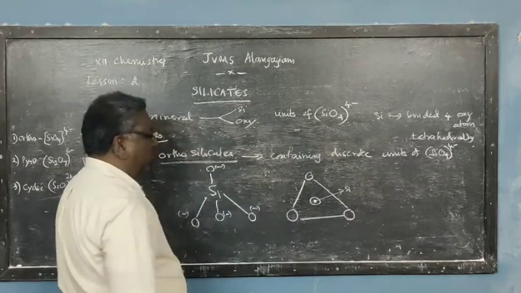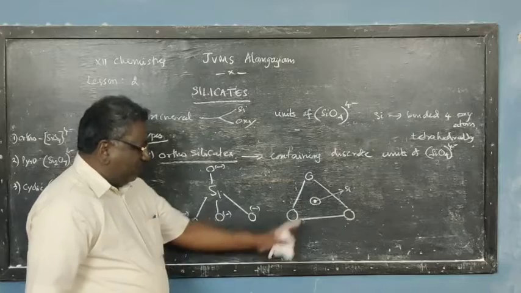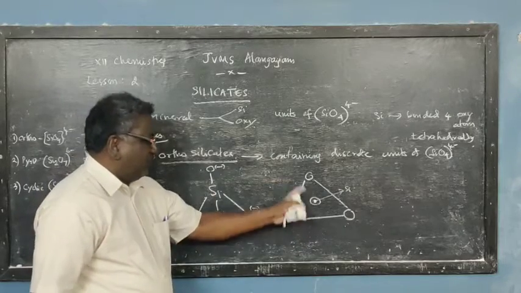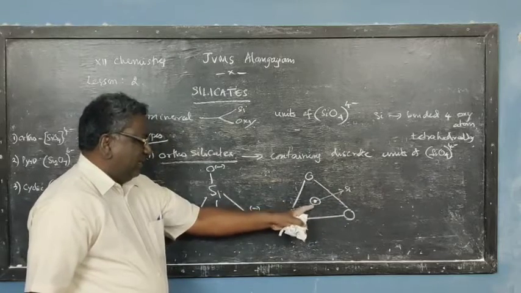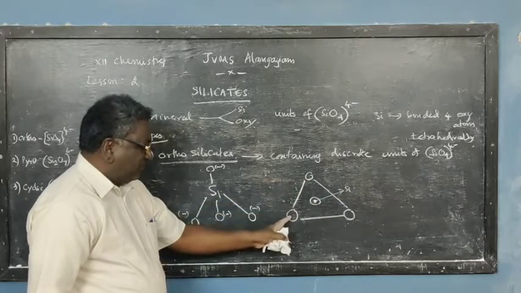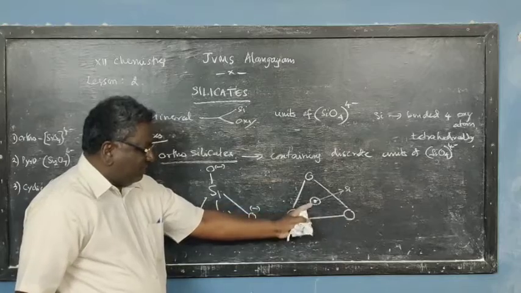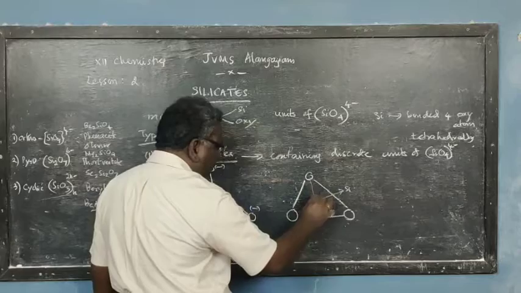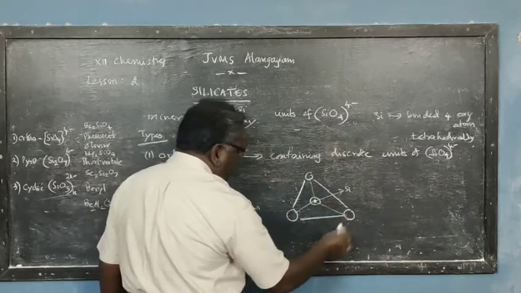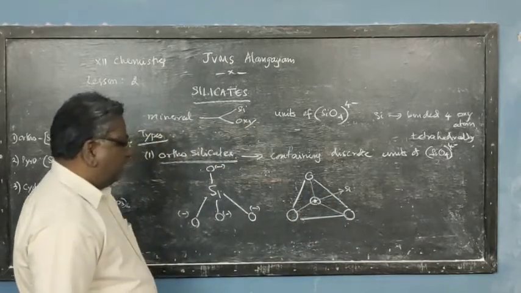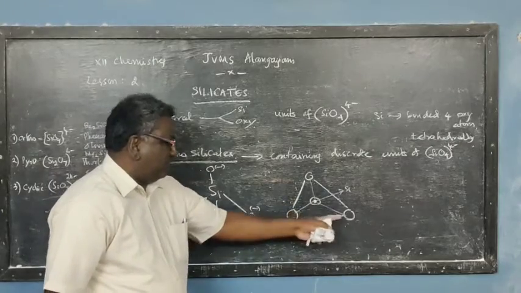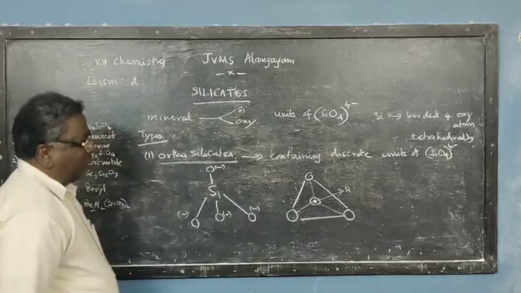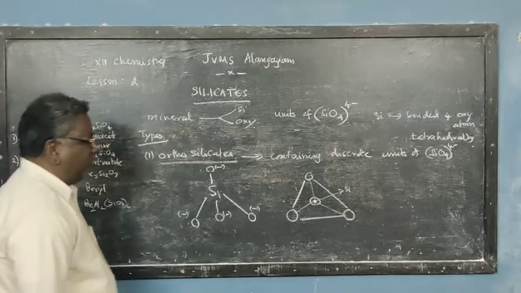You have to note it very carefully. In all the diagrams we are going to put it like that only. This is the center position of this tetrahedron, and this oxygen on top, this oxygen at the left, this oxygen at the right, this oxygen behind the board. And this silicon atom is bonded with all the 4 oxygen atoms. So this is the silicate unit.